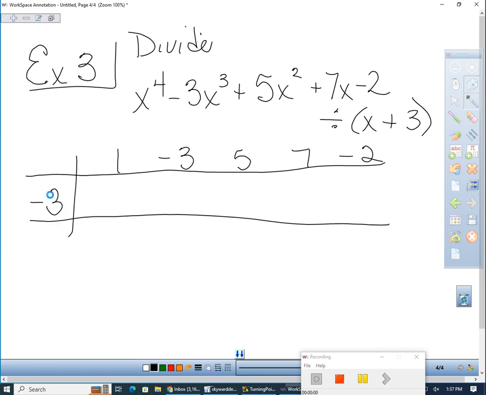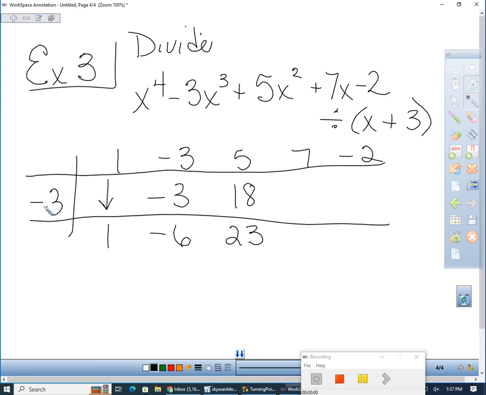Good. All right, we bring the first number down. That's a 1. Now we multiply. Negative 3 times 1 is negative 3. Add them together, we get negative 6. Now we multiply. Negative 3 times negative 6 is 18. We add them together, we get 23.